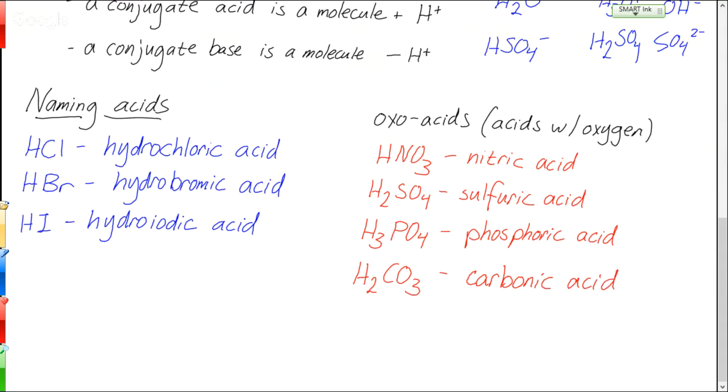What happens in those drinks is you charge them with carbon dioxide. The carbon dioxide dissolves in the water, forms carbonic acid. Carbonic acid is relatively unstable, so then it decomposes, a decomposition reaction, and reforms carbon dioxide, and that's where the bubbles come up.